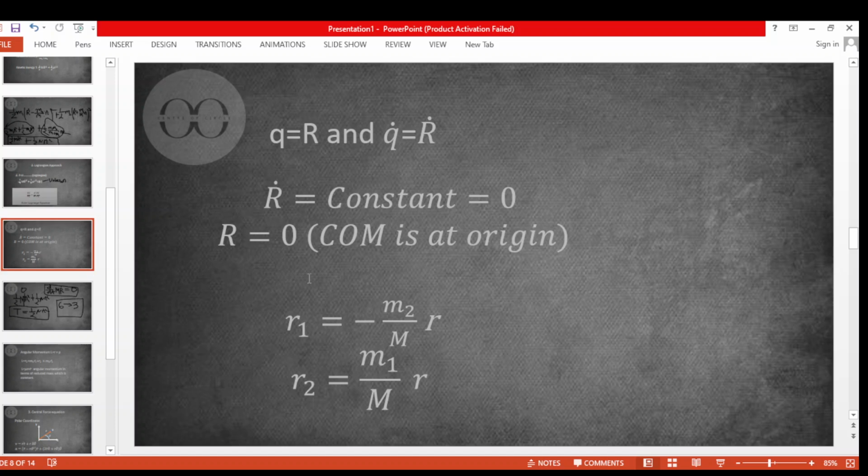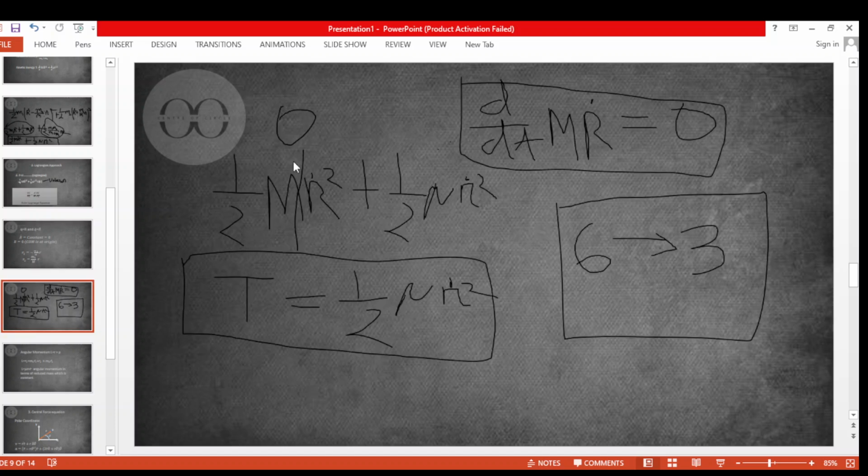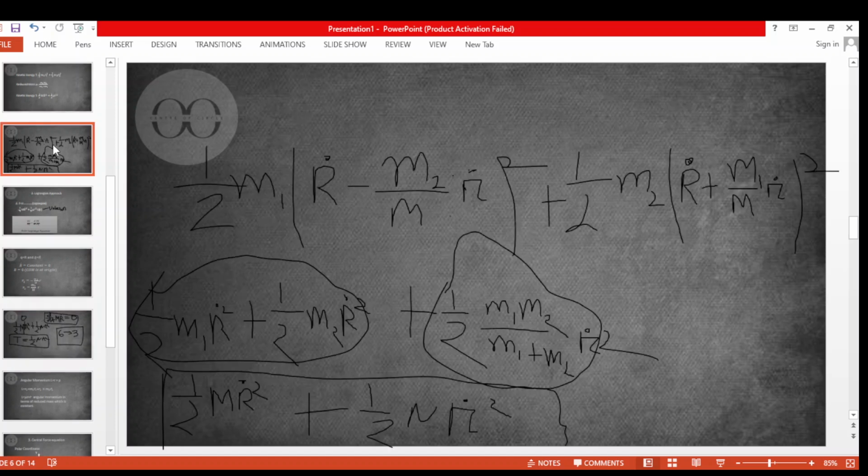And then we developed some vector equations in our first topic of the lecture. So we substituted the value of r in those equations, and we come into some smaller and simpler equations of our position vector r1, position vector r2. Then we substituted the value of capital R dot into our kinetic energy equation, which we developed here.